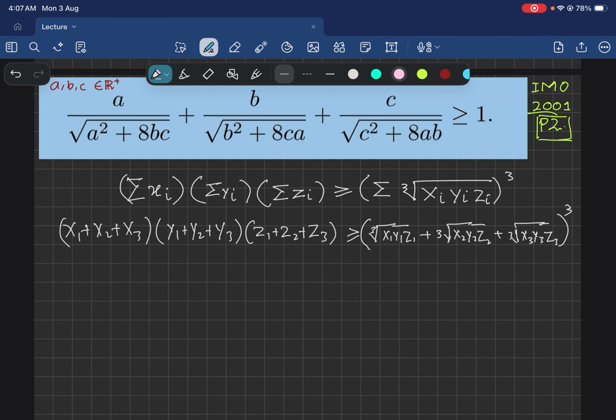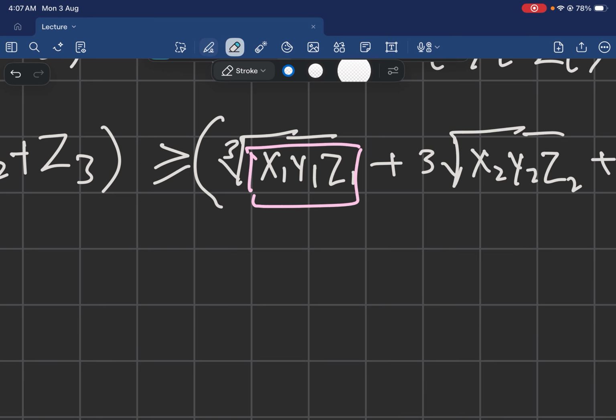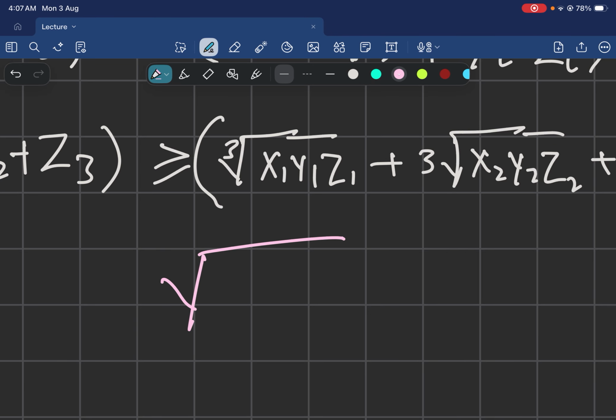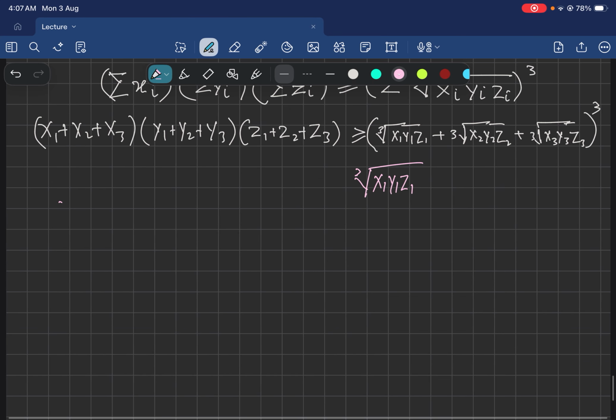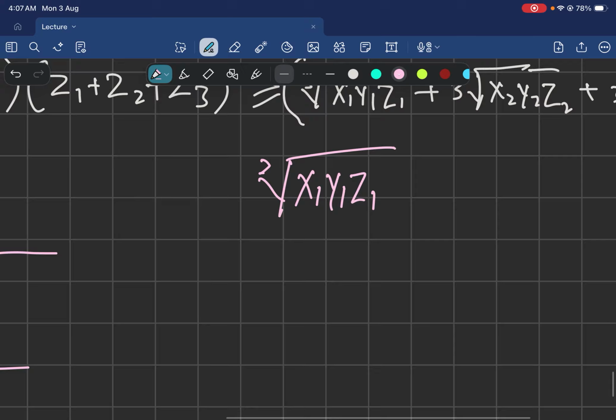When I make these three sequences, I have to keep this thing in mind: cube root of x1 y1 z1. When I consider the sequence x of three terms, y of three terms, and z of three terms, I have to choose x1, y1 and z1 in such a way that either they cancel out completely, or if they cancel out partially, the remaining part must be a cube of something.